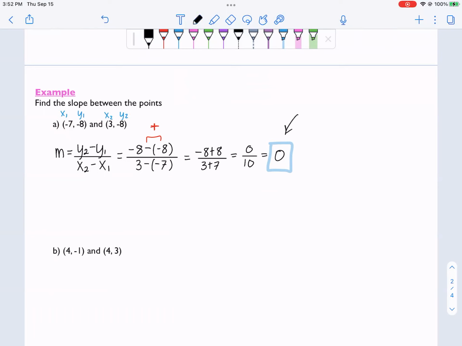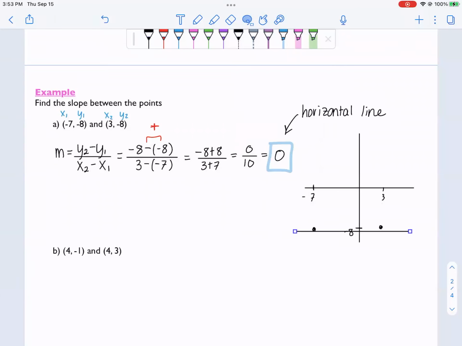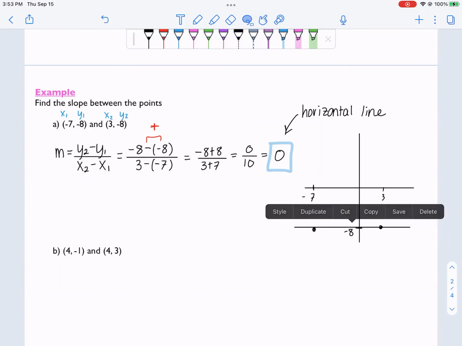So there's a point down here. Over here, we have (3, -8). The line ends up being right here without a tilt, you know, act like I can draw a straight line. Here we go. This is the line y equals -8.